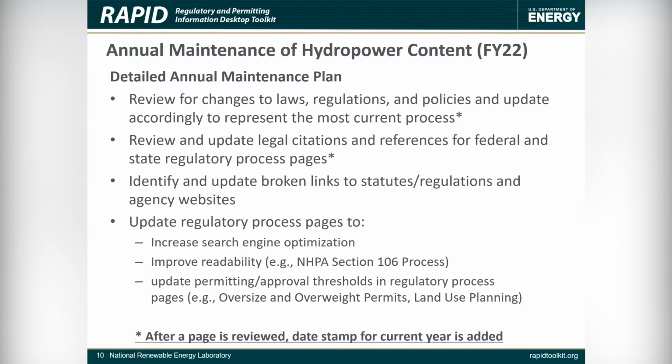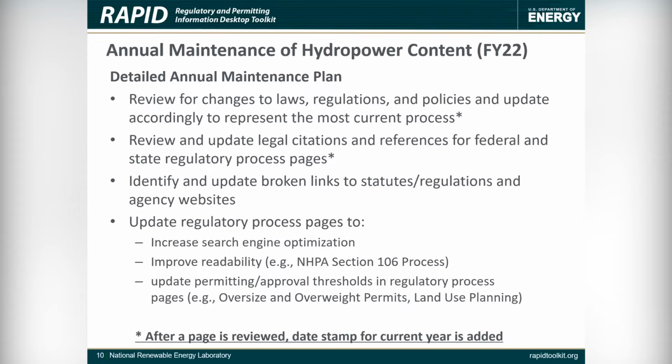That one is always a challenge to monitor and update, but we do have some built-in automated tools in place that allow us to identify broken links very easily. We try to identify whether it's a holistic change to a website, for example the eCFR, where we can push a broad update, or whether it is individual links that are broken that we then need to check to see if that information is either no longer relevant or the link has been updated.